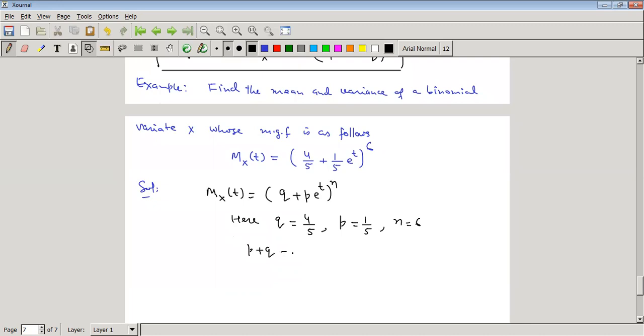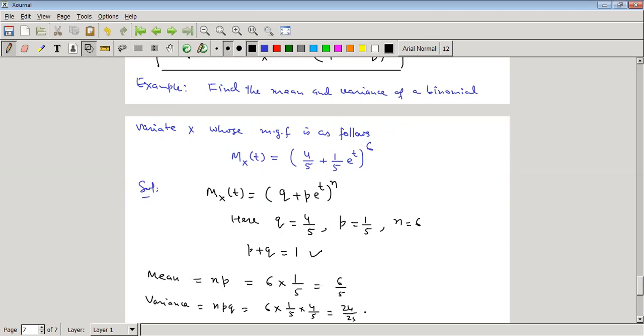So for the binomial distribution, the mean is np. So that is 6 into 1 by 5, so mean equal to 6 by 5. And variance is equal to npq. So 6 into 1 by 5 into 4 by 5, so 24 by 25.